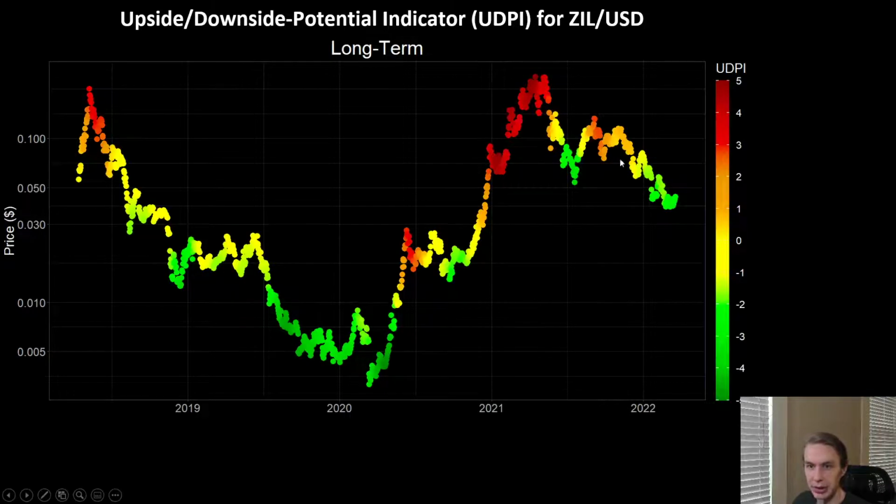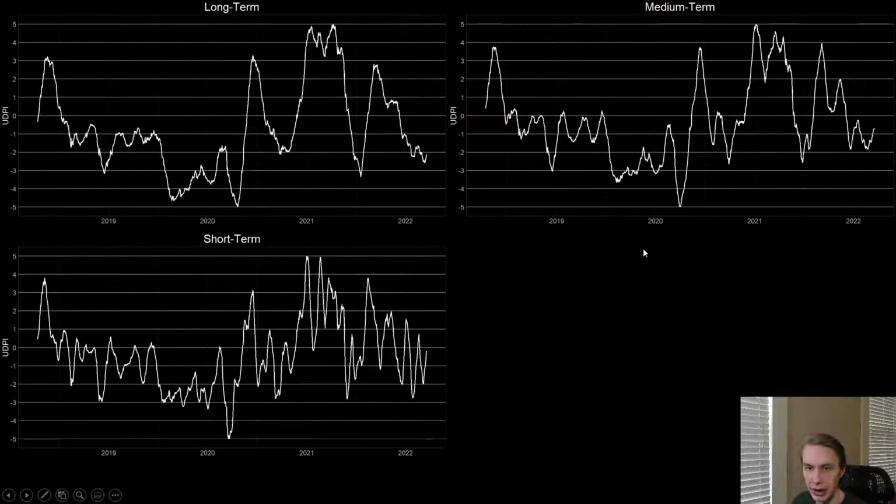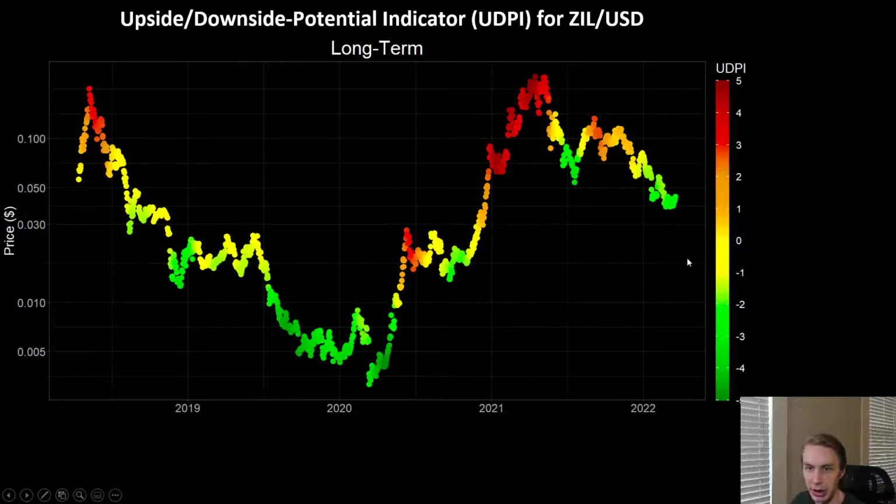So even though the price is going down, the momentum might be kind of weaker to some degree, that there's just not enough momentum to push it down into realizing all this downside potential to the same degree that there was more momentum pushing it down in the summer to realize more of its realistic downside potential. So that could be a sign of bullishness potentially, that maybe then ZIL can push back up to the upside.